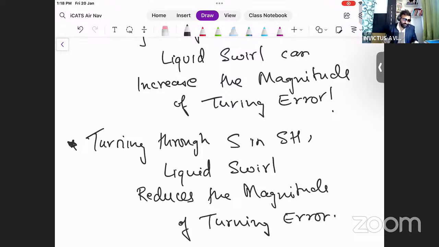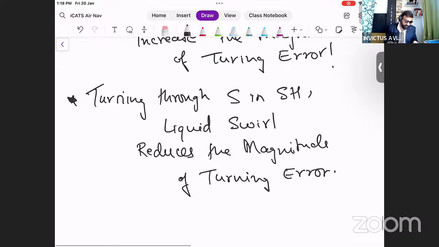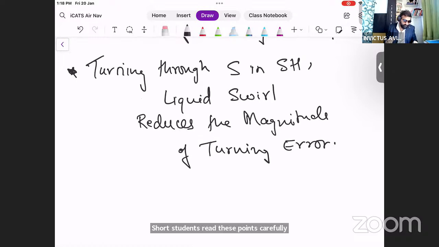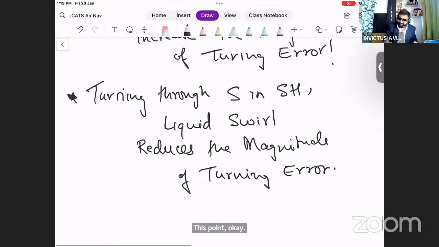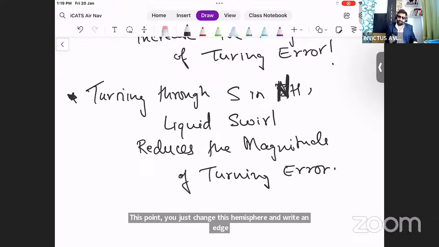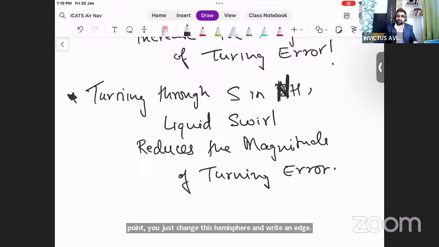Students, read these points carefully. This point, you just change this hemisphere and write NH only over here. Turning through south in the northern hemisphere, liquid swirl reduces the magnitude of turning error.